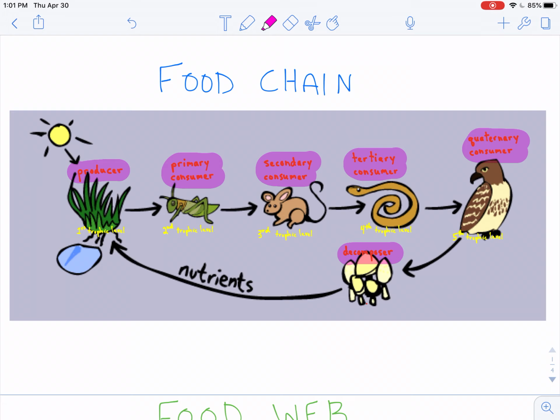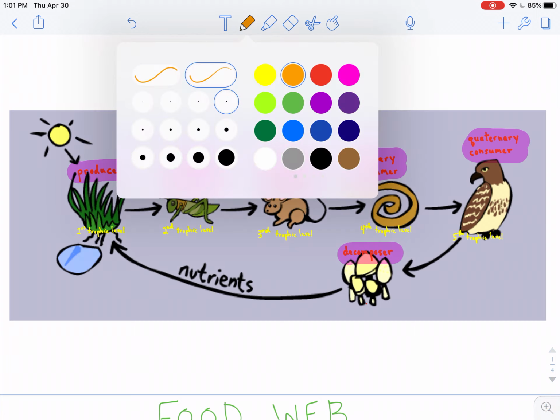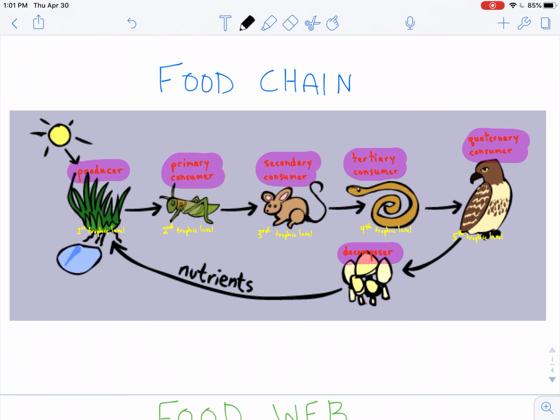Now, what you do not see in this picture of the food chain is something that I think is an important thing to understand. You only see an arrow going from the quaternary consumer to the decomposer. However, in real life, anytime something is not eaten, but it dies, its body will be broken down by the decomposers. So, if you want, you can actually add arrows from everything to the decomposers.